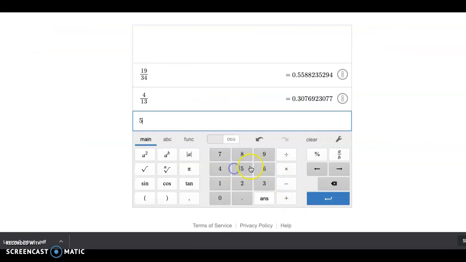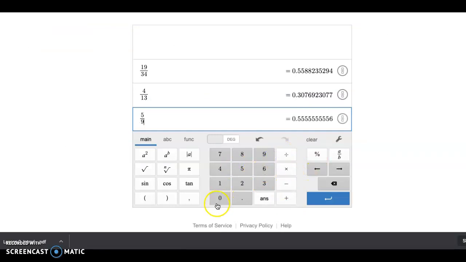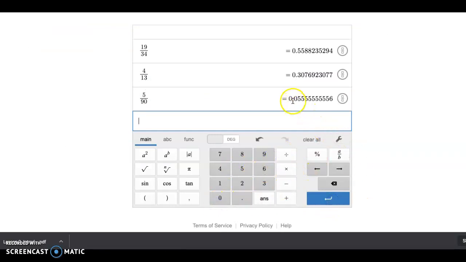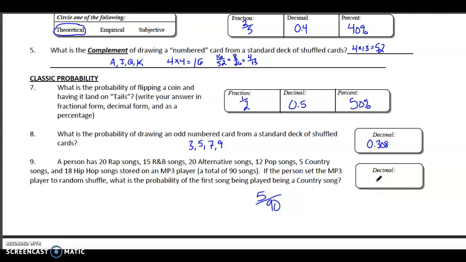So we're going to take that to our calculator. 5 divided by 90. And so there's about a 0.056 probability, almost 6% probability of a country song popping up first if the MP3 player is set to random shuffle.